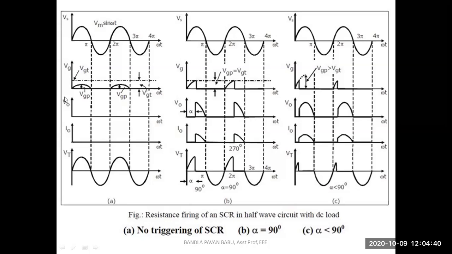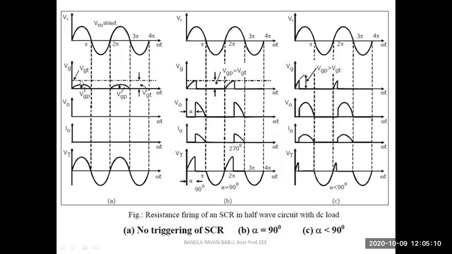When it is below the threshold voltage, as you know, there should be a minimum current in the thyristor. I hope you remember the holding current and latching current. When the current falls below the holding current, the SCR will turn off. When the switch is turned on, the minimum current that has to be reached is the latching current. That's the difference here.